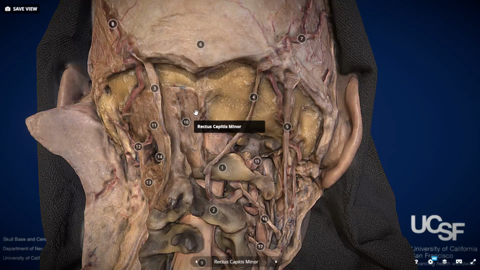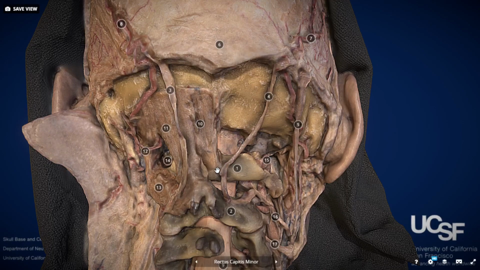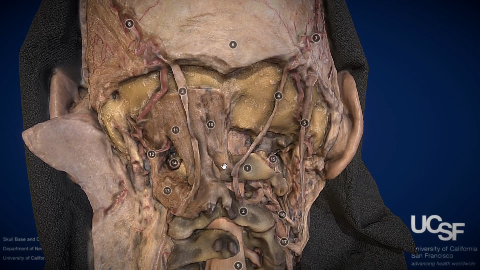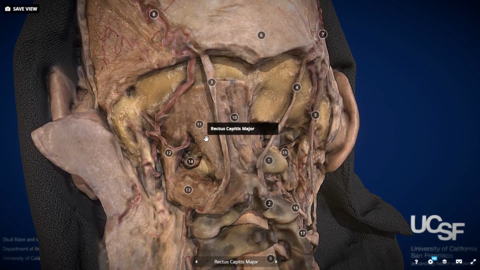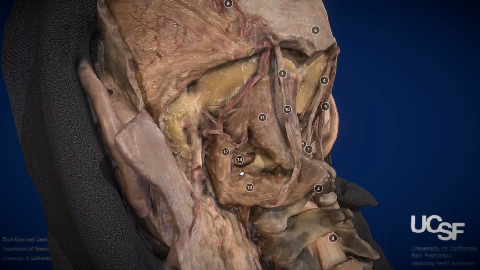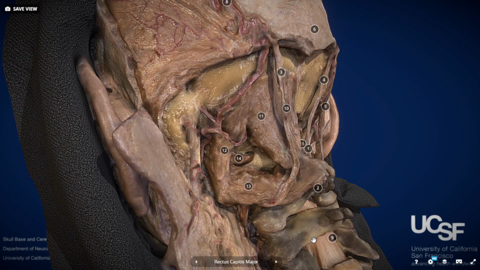What we're seeing here is the rectus capitis minor, which has a superior attachment on the inferior nuchal line and inferior attachment on the posterior arch of C1. Laterally, we have the rectus capitis major, which is attaching superiorly to the inferior nuchal line and inferiorly to the spinous process of C2.